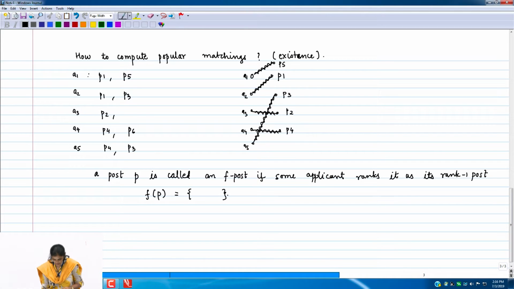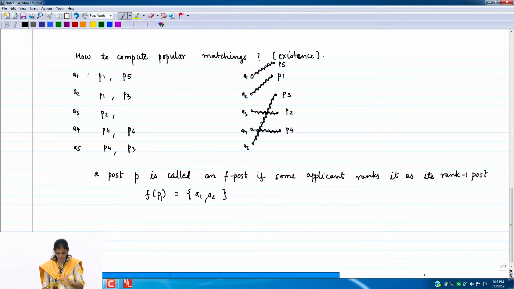So let's write the set F of P1. What is F of P1? It is the set of applicants who treat P1 as their rank 1 post: A1, A2. So this is some notation.